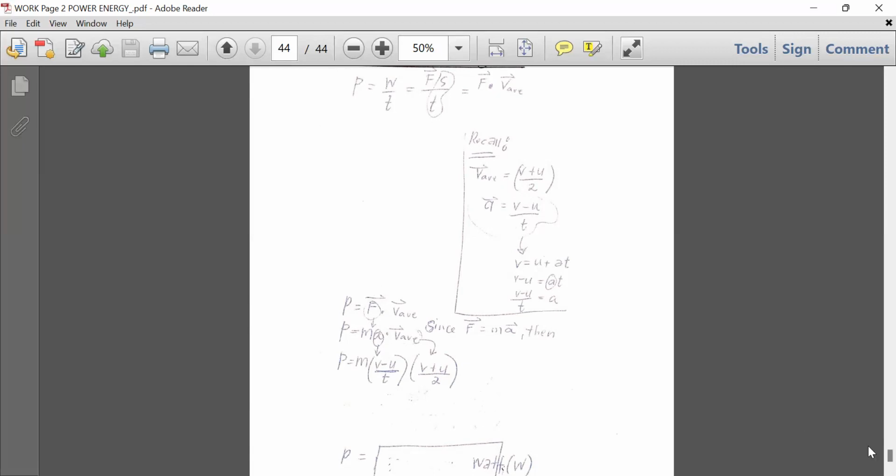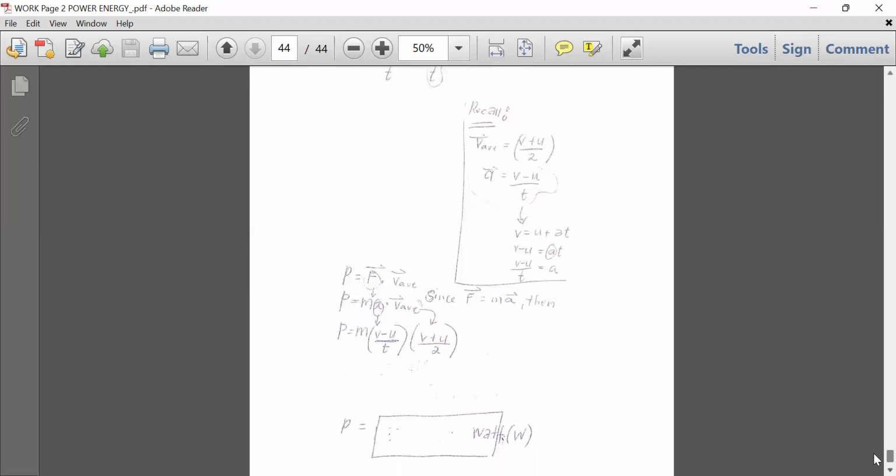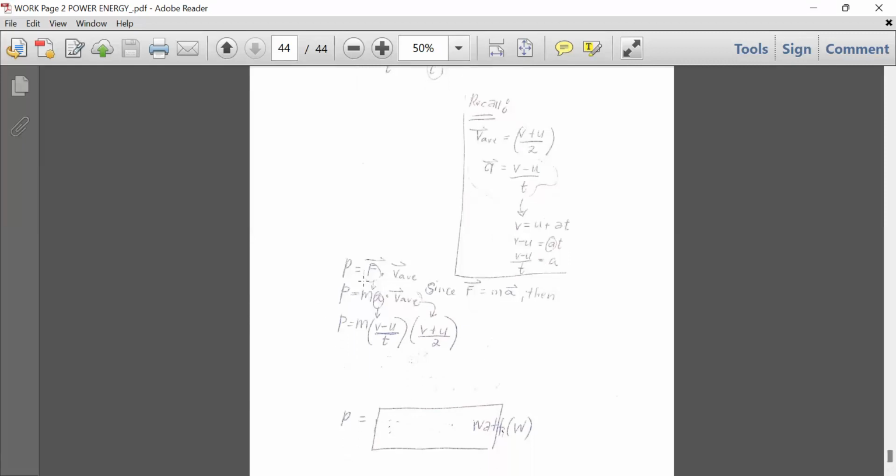Now, we're going to need that later in order to solve for power. Remember that power is equal to force times velocity, or average velocity. This F here, we can change into MA, Newton's second law, mass times acceleration.